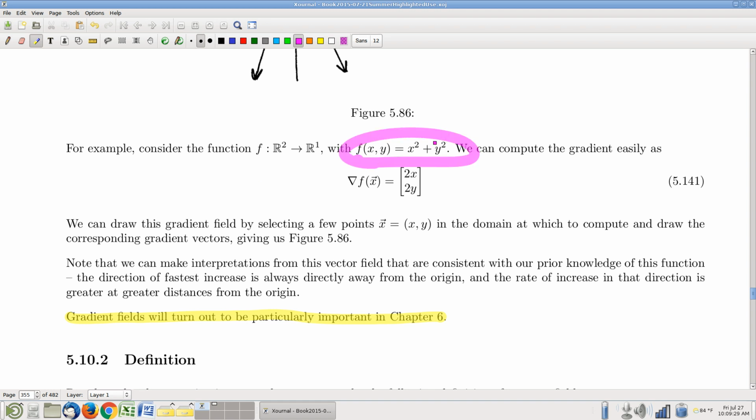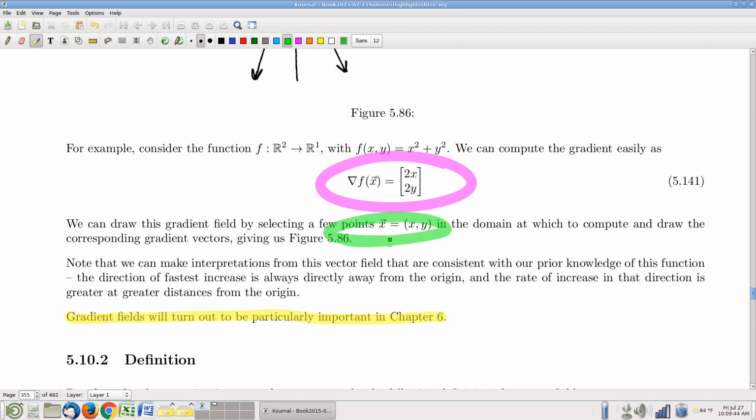There's the formula for our function. And if I compute the gradient, total yawn, there it is. We know how to compute gradients. You take the partials and assemble them into a vector. Notice that this gives, for any value of x and y, plug in any point x and y, out comes the associated vector, that gradient.